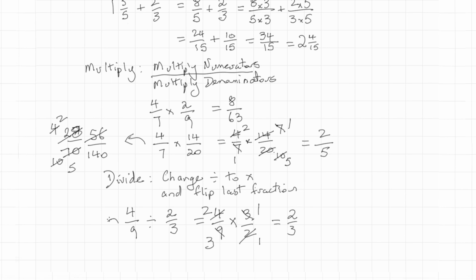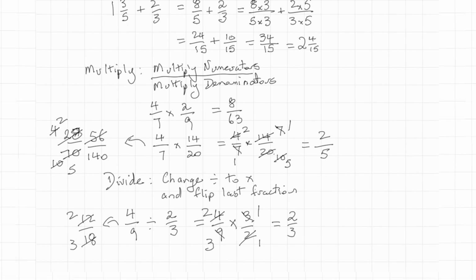Alternatively, just to show you another way, we could multiply first. 4 times 3 is 12, over 9 times 2 is 18, and then we can look at that and say, well, 6 is going to go into top and bottom, 6 into 12, 2, 6 into 18 goes 3, and we still get 2/3.